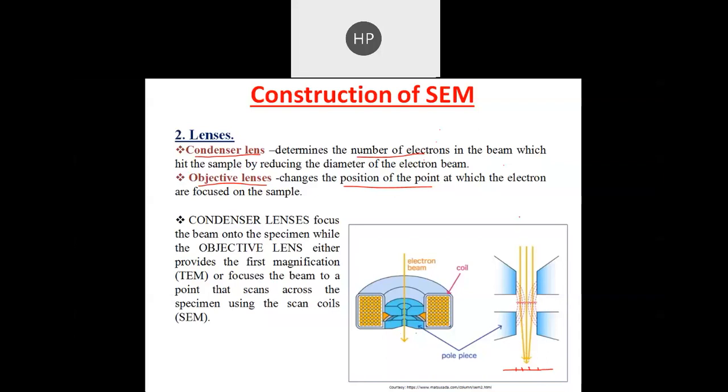And if you see the cross section over here, you can see there are a number of coils, and when we pass the current through that coil, they will produce an electromagnetic field, and that field will reduce the diameter of the electron beam. They will deflect, and due to that deflection, the diameter of the electron beam can be reduced.